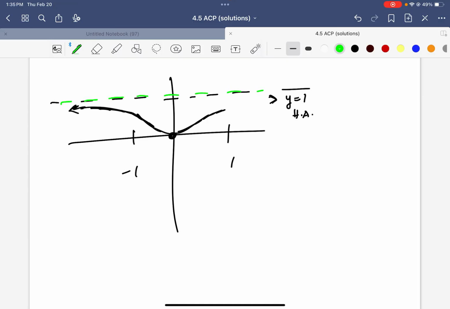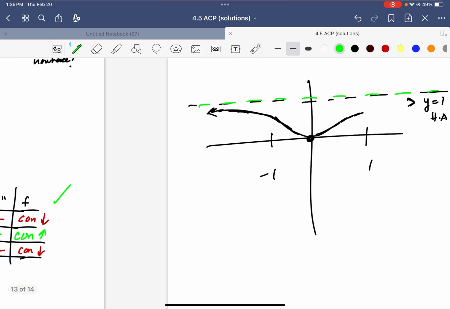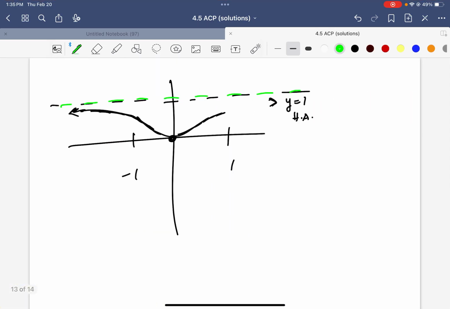First I guess I draw my horizontal asymptote. And then we know that we are decreasing and then increasing. But then, what else did I notice? At -1 and 1, those should be inflection points. So this goes down, down, up.